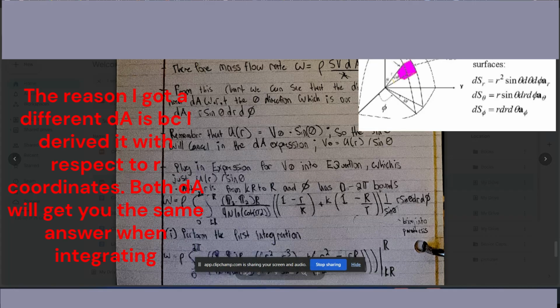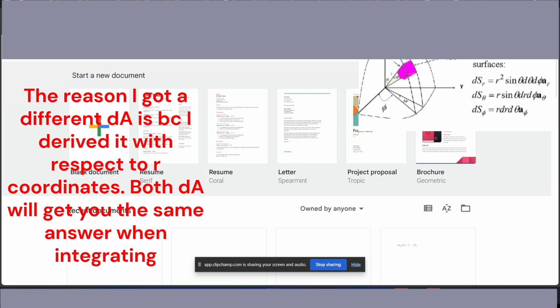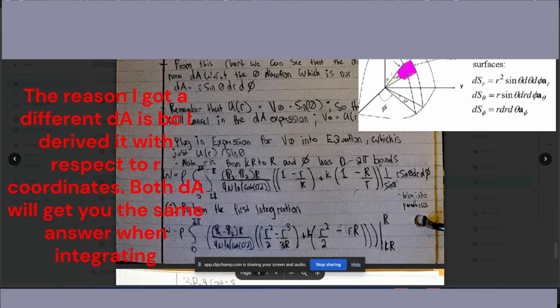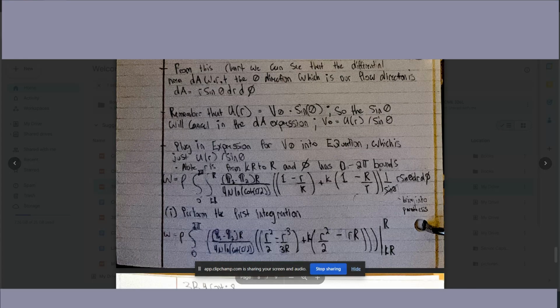It looks like I forgot an r here. Gotta look at this again. It should be r squared. I guess it worked out somehow, but I'm pretty sure it's r squared sine theta d theta. Let me look. Yeah, r sine theta dr d theta. Cancel the sines.